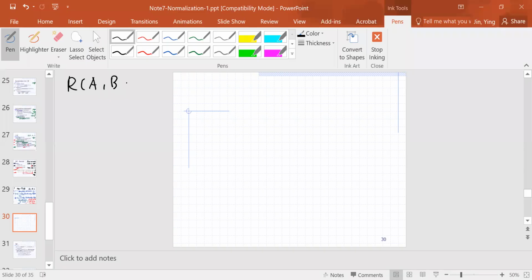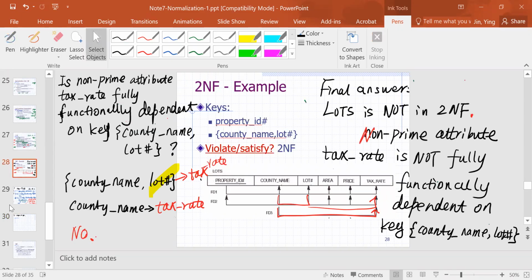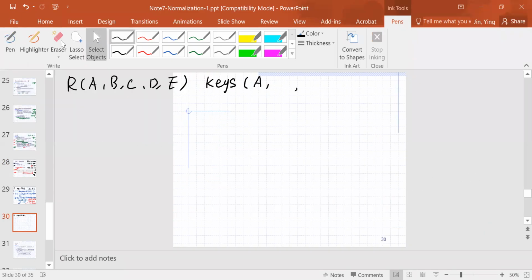Our relation R has A, B, C, D, E. And I have two keys: A, B combination is a key. Okay, actually, let me make it consistent. A, B, right? And another key is C and D. Okay, and let me give you the functional dependencies.